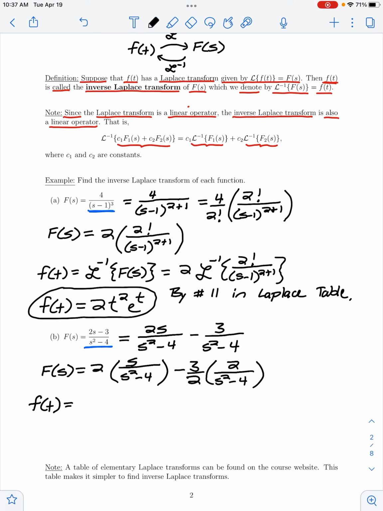So I'm ready to find my inverse transform, f of t, which would be 2 times the inverse transform of s over s squared minus 4, minus 3 halves of the inverse transform of 2 over s squared minus 4.